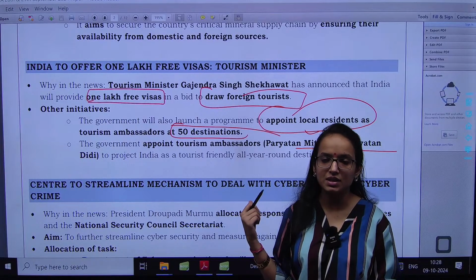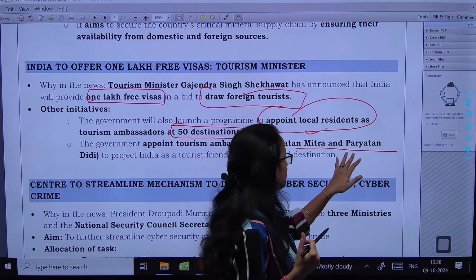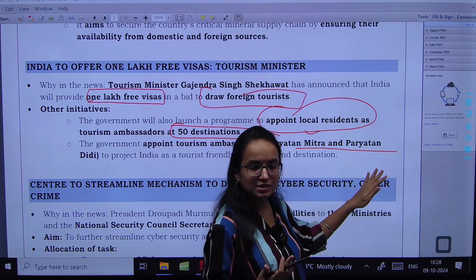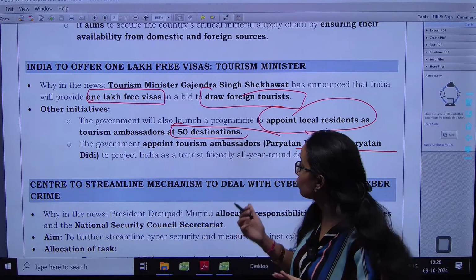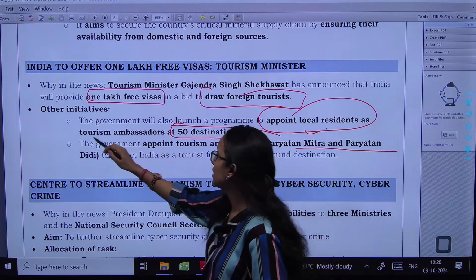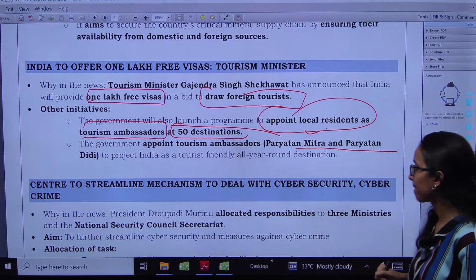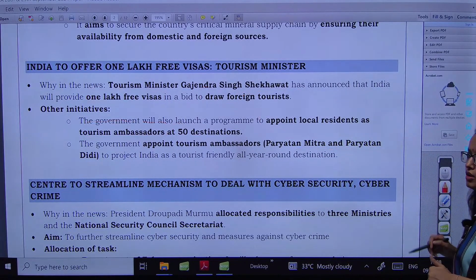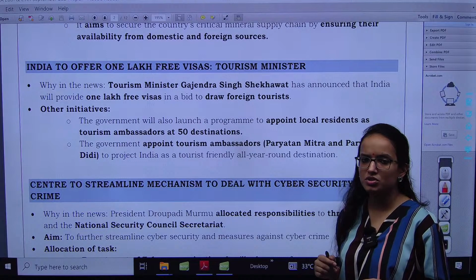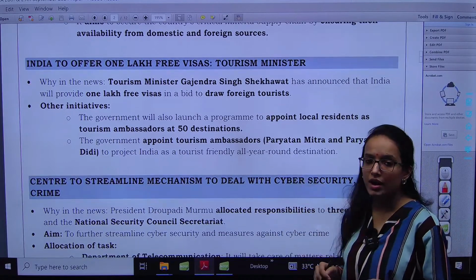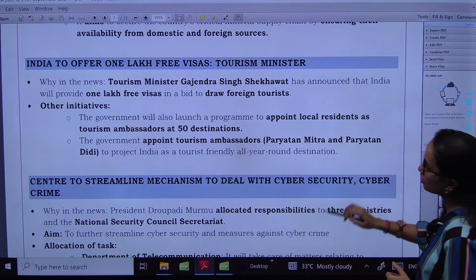We have discussed this in previous classes, right? So local residents act as tourist ambassadors, not guides, particularly ambassadors, at 50 destinations, so as to make India's tourism destinations attractive, all-round and tourist-friendly centers. So this was the news.